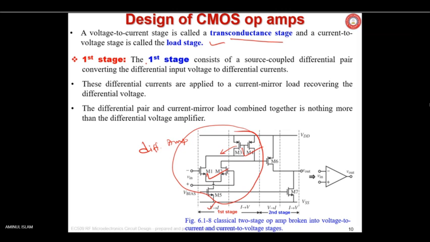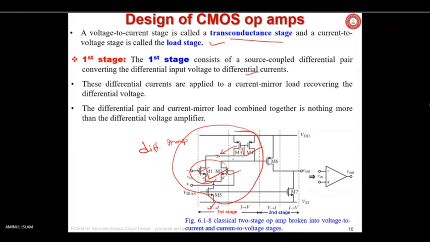The first stage consists of a source coupled differential pair. This is source coupled: the sources of this MOSFET and this MOSFET are tied together. These two are a differential pair, converting the differential input voltage to differential currents.